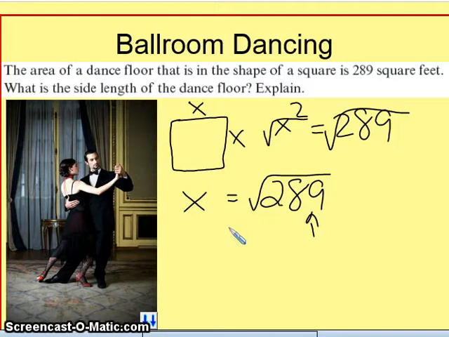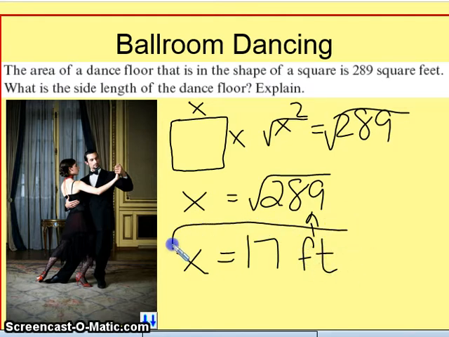That's 256, getting closer. Now if we square 17, we get 289. So what number do we need to square to get 289? 17. So this ballroom dance floor is 17 feet by 17 feet. Because the square root of 289 is 17.